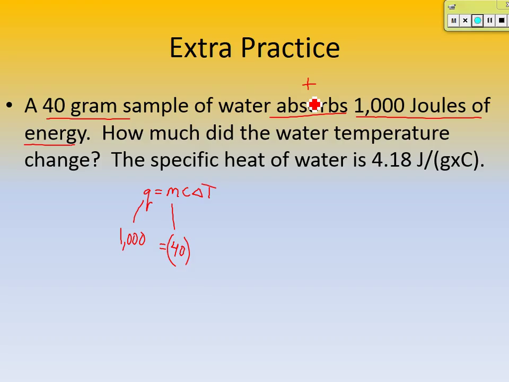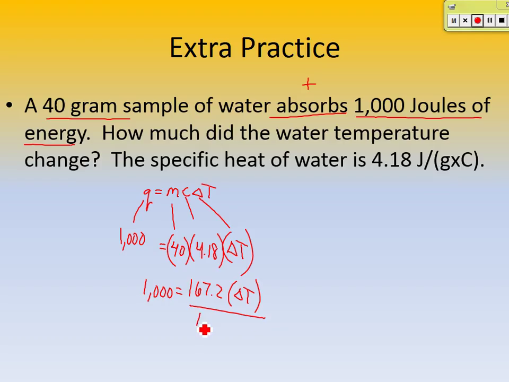And it says, how much did the water temperature change? We know the specific heat of water is 4.18. So what it doesn't give us is delta T. Let's just solve for delta T. So what I would do is 40 times 4.18. So 1,000 on this side is equal to 167.2 times delta T. Guys, how do you get delta T by itself?